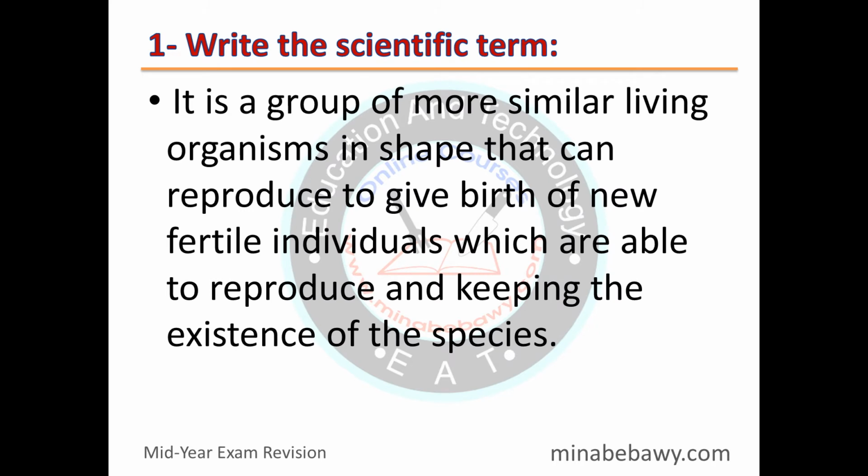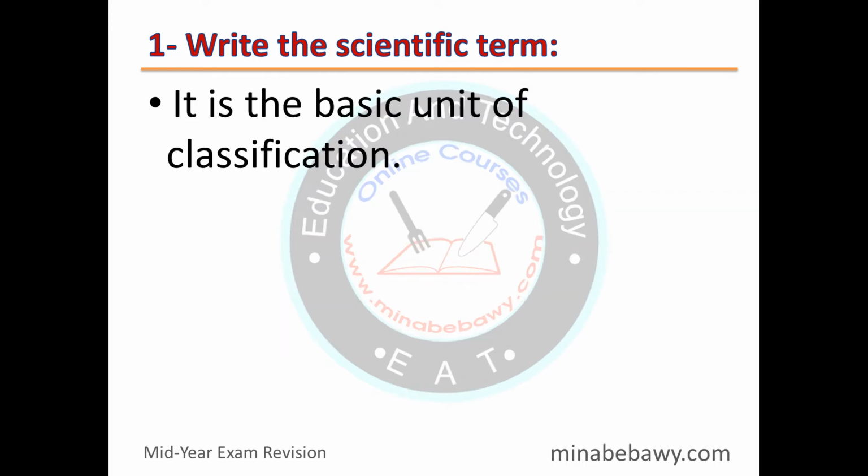It is a group of more similar living organisms in shape that can reproduce to give birth to new fertile individuals, which are able to reproduce and keep the existence of the species. Species. It is the basic unit of classification. Species.